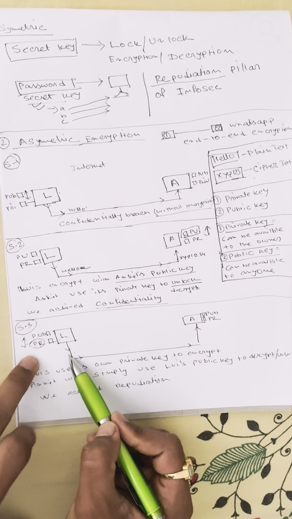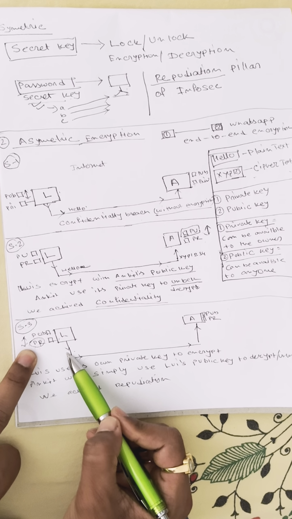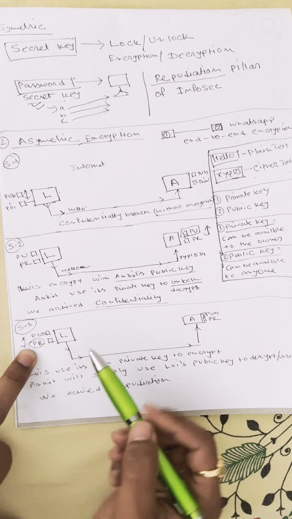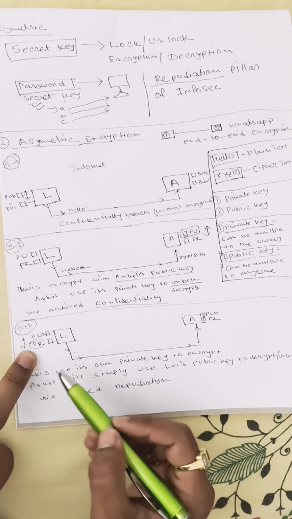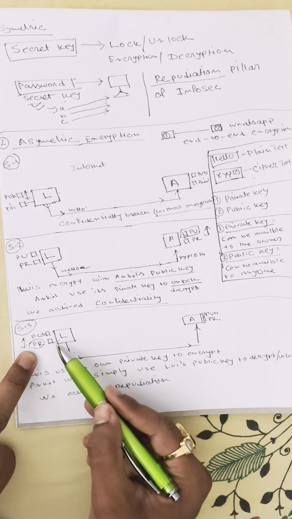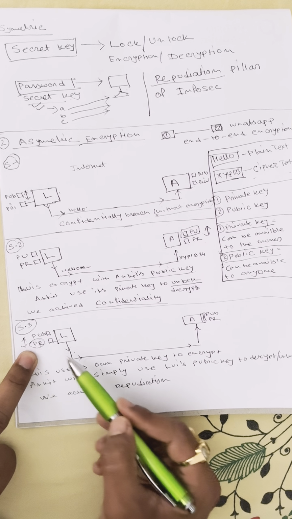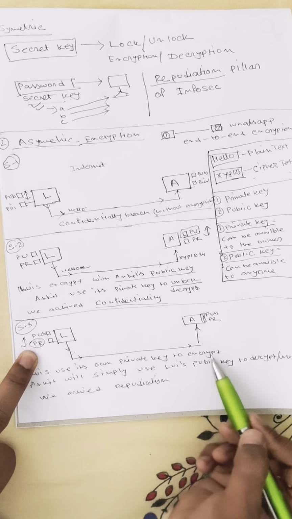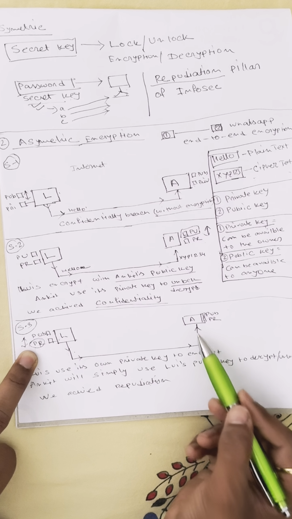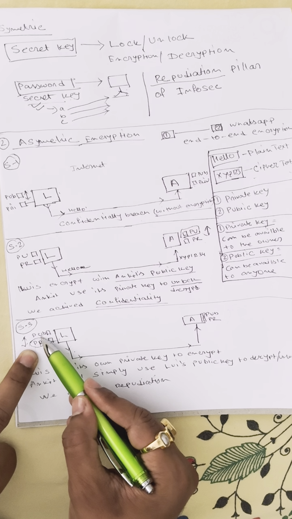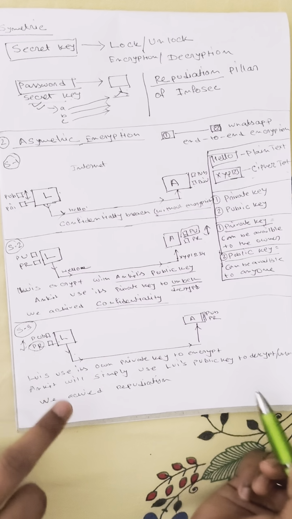Louis has its own private key unless Louis's account got compromised, right? So we are not going for exceptions. We assume that Louis has its own private key. Louis encrypts this message and sends it to Ankit. Now Ankit decrypts the message using this public key to read the message.